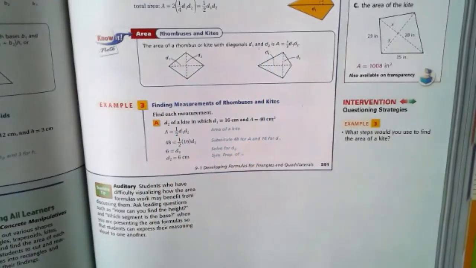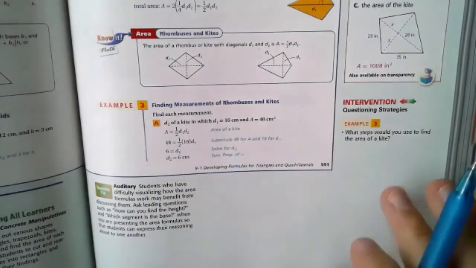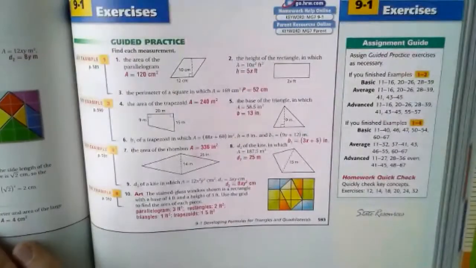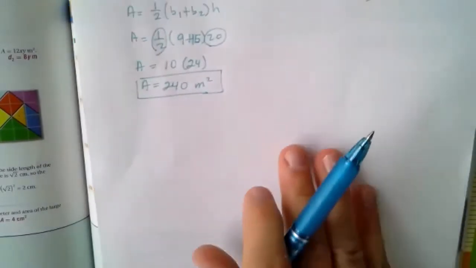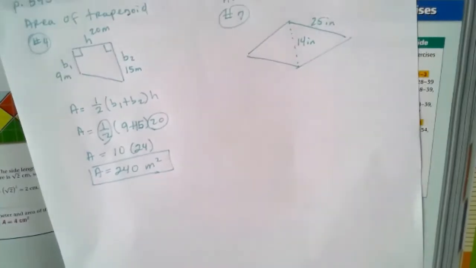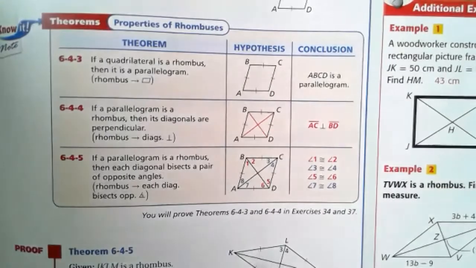Well, in this case, we have a D1, but no D2. They also give you this side length here, which is 25 inches. I'm going to pause just a second and gather my thoughts before I start. Here are the properties of rhombuses.